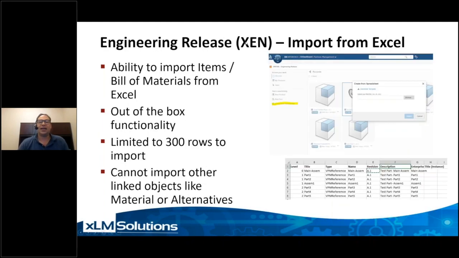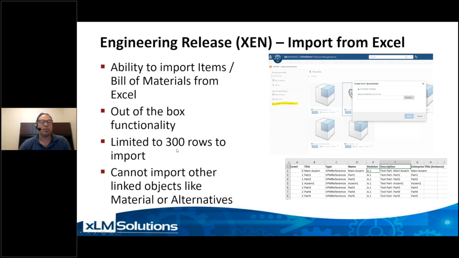Another way to load data into 3D Experience, if you just need to load bill of material data, no files, but just need to load a product structure, there's a tool within the Engineering Release or Zen app that lets you point to an Excel file, and based on the level and the data in the Excel file, it will build a product structure in the system based on various data mappings that you set up. So this is out of the box functionality, though again there's limits.